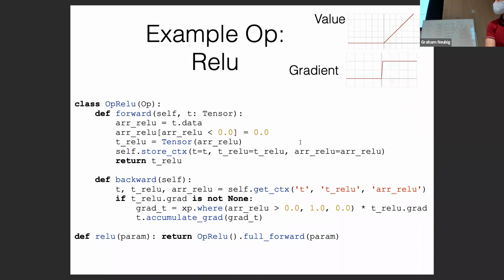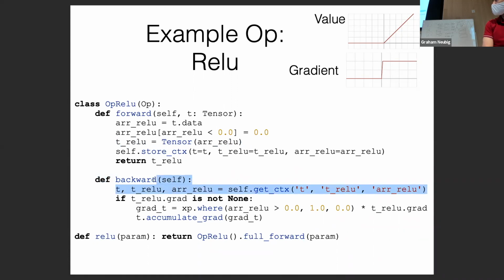So very simple operation. What this looks like is we have a forward function that we define to calculate this value up here. Basically what we do is we take in the input data, and for every input datum where the value is less than 0, we set it to 0. Pretty simple. We define a tensor from this, and we also save some context, and this context is used later when we calculate the backward function here.